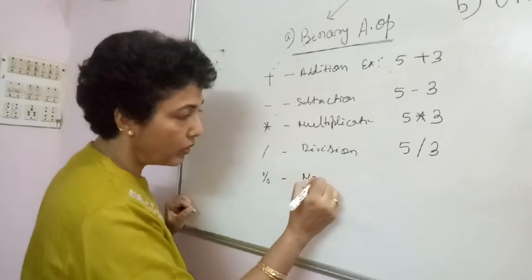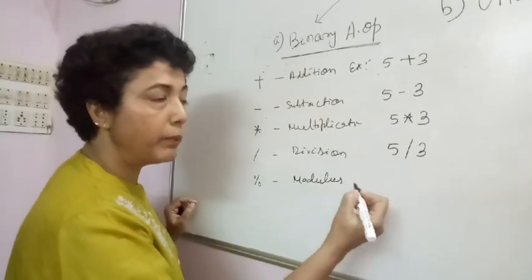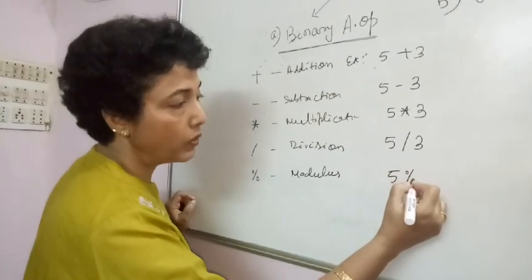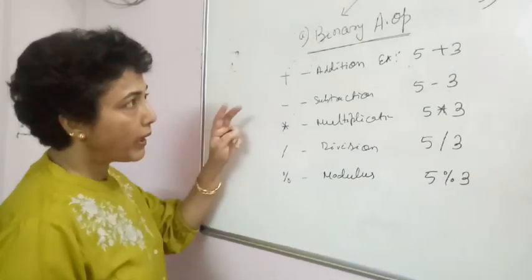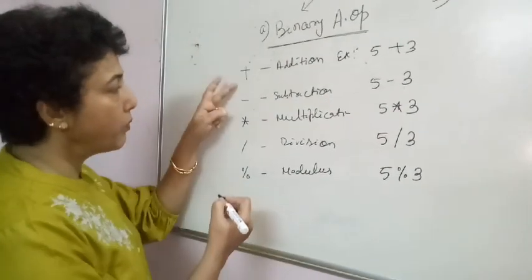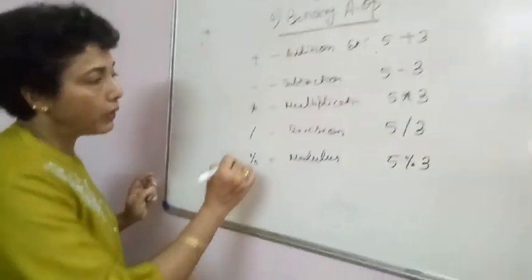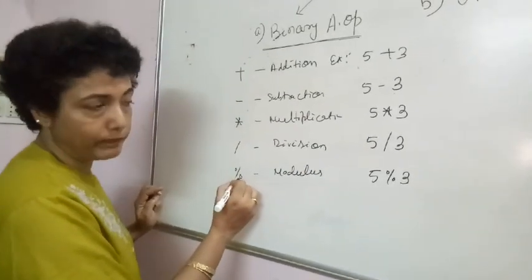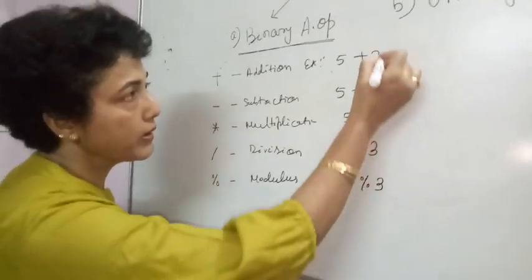This is called the modulus operator, which gives the remainder of the division as your answer. So 5 modulus 3. Of all these binary arithmetic operators, the first 4 you are quite acquainted with. You already know these operators. Only this last one you did not know, so now we will discuss what this is.